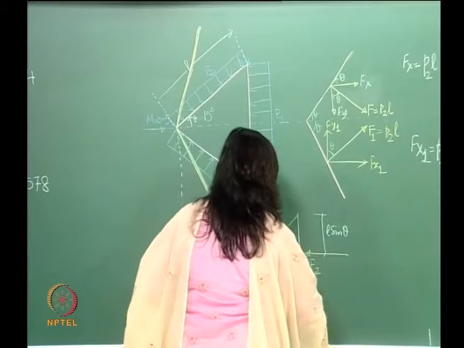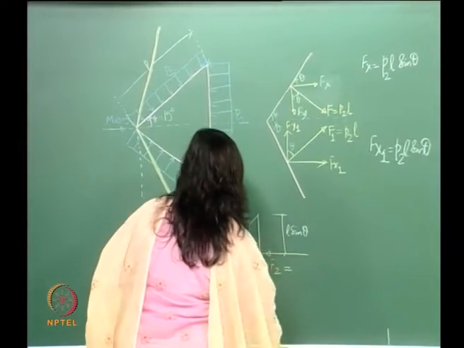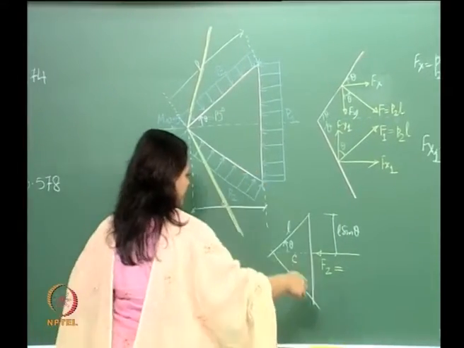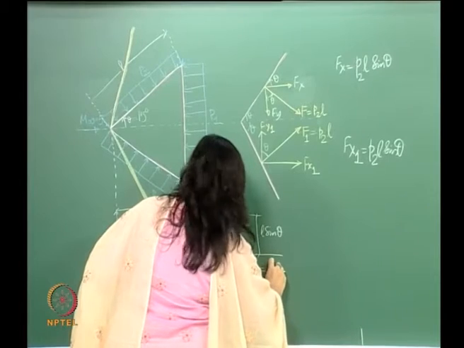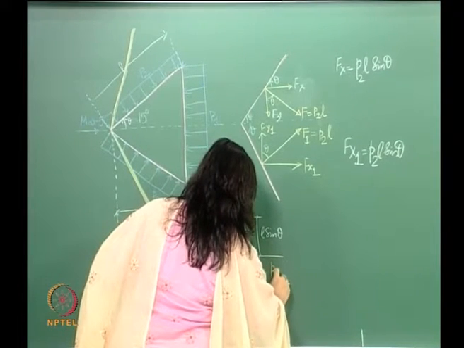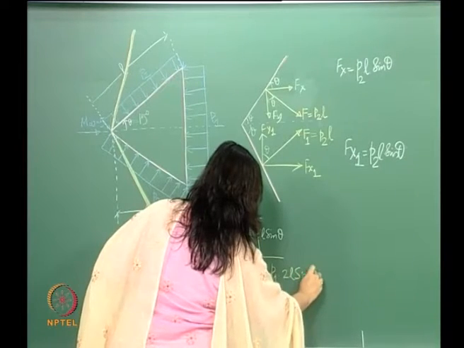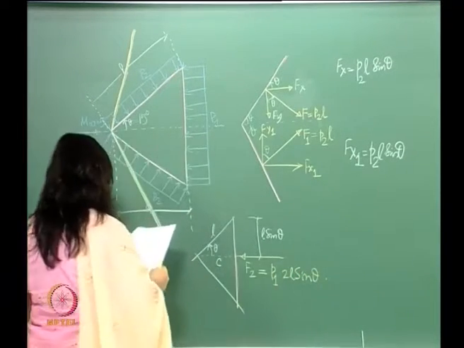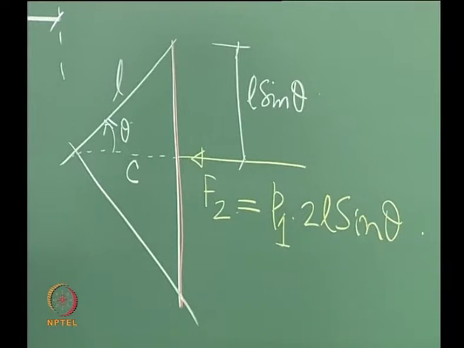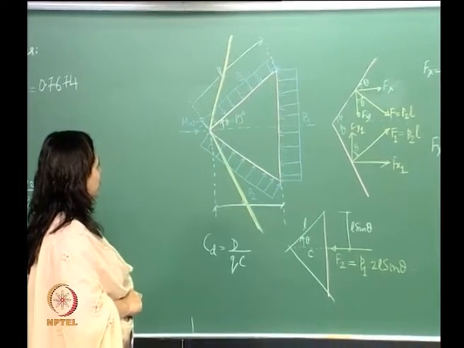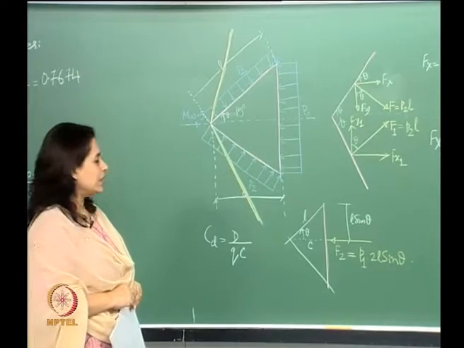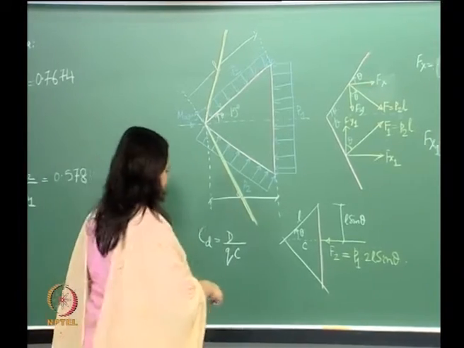If that is so, then F2 becomes P1 into 2L sine theta, right? P1 into 2L sine theta. So that's all we have done. All we did is look at the pressures on the three surfaces, and then we are writing out the forces.